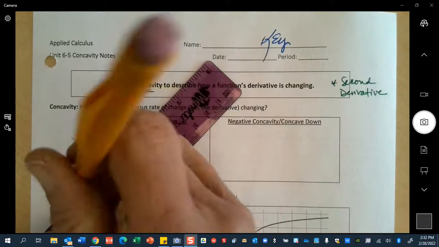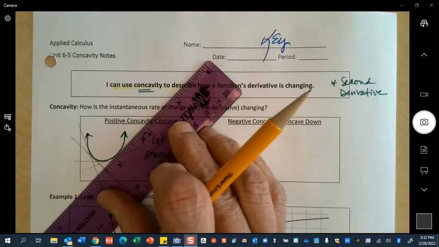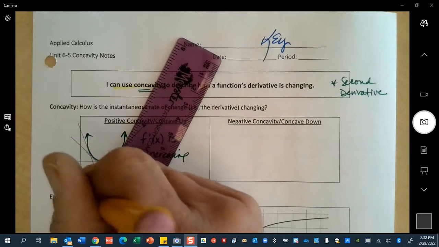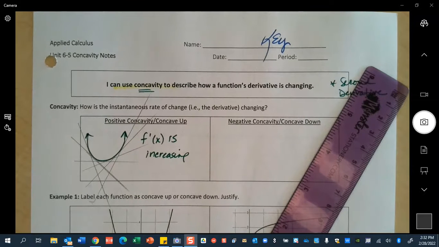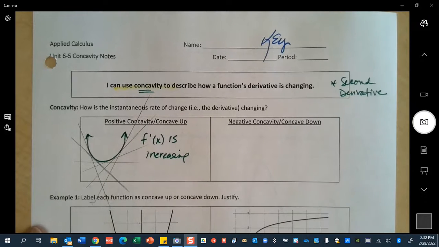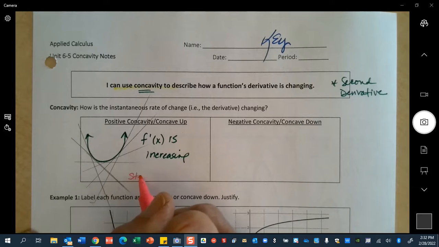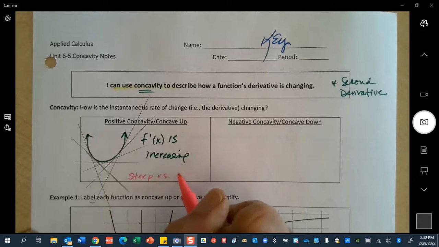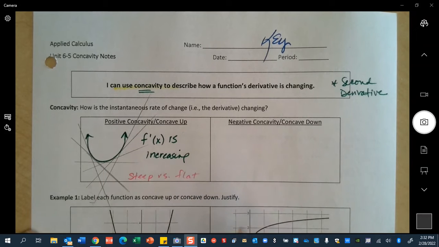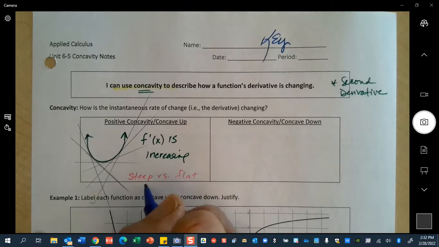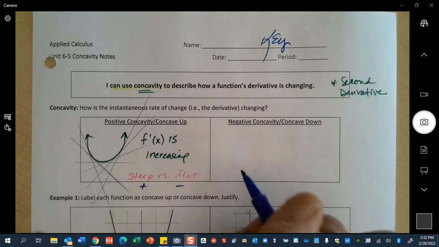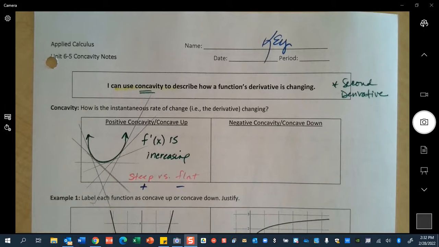And then here, my derivative is positive and steeper, and here, positive and steeper. So we end up with conversations where we are going to use things like steep versus flat, and we're also going to include whether things are positive or negative, increasing or decreasing.